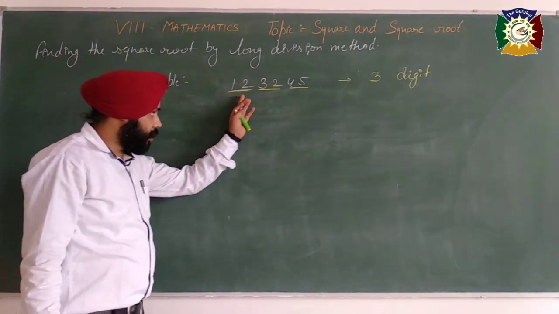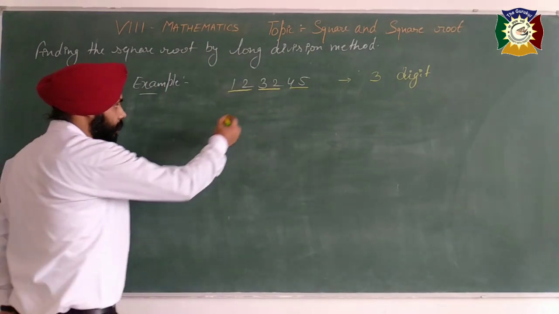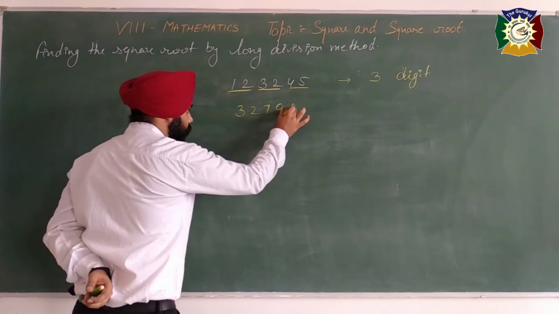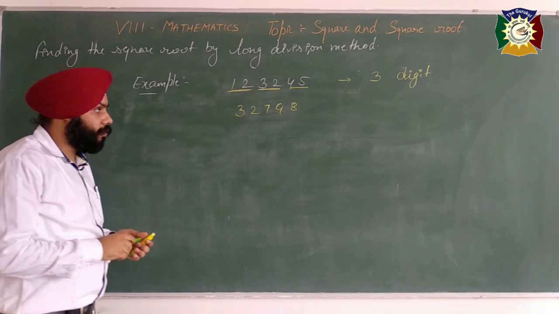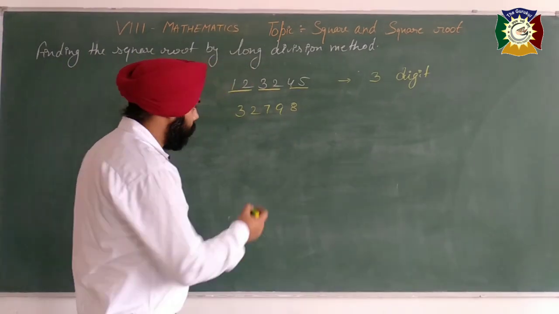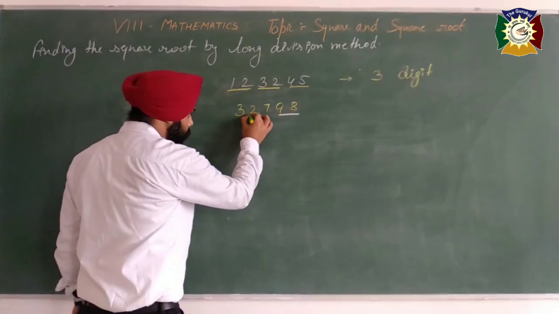Similarly, this is the condition of a 6 digit number. Suppose we have a 5 digit number, 3, 2, 7, 9, 8. Again in the same manner, from the very right we start to make pairs. First pair complete, second pair.